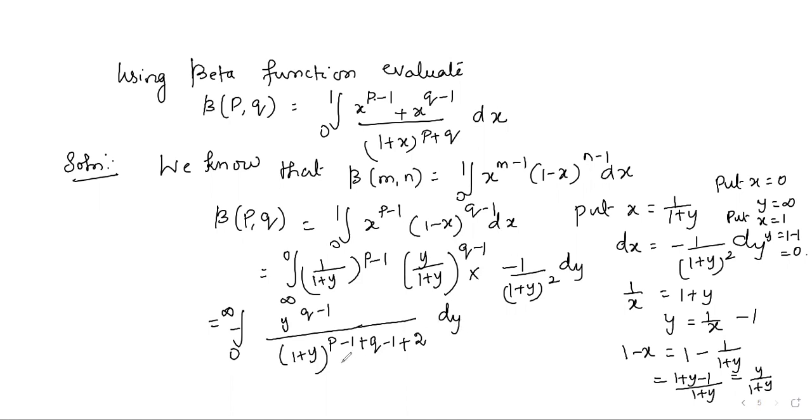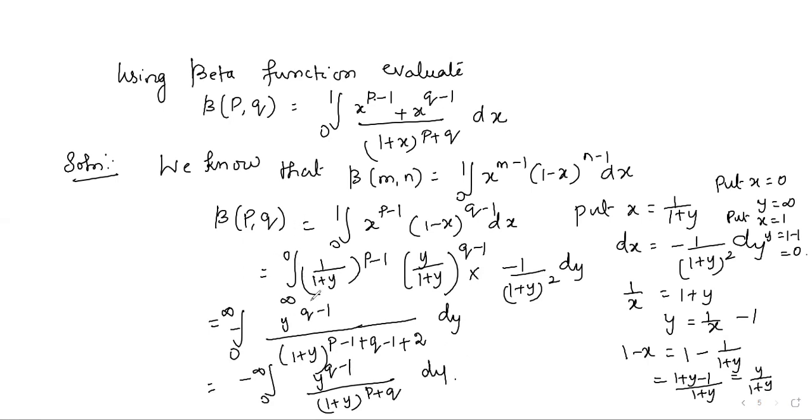So this is equal to minus integral 0 to infinity y power q minus 1 divided by, so minus 2 plus 2 will get cancelled, I'll be getting (1 plus y) whole power p plus q dy.